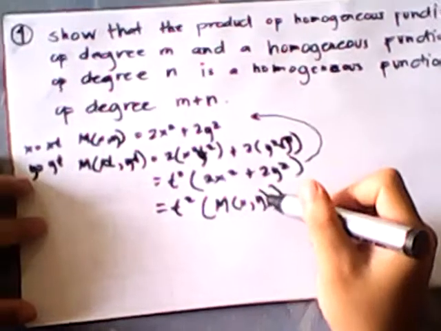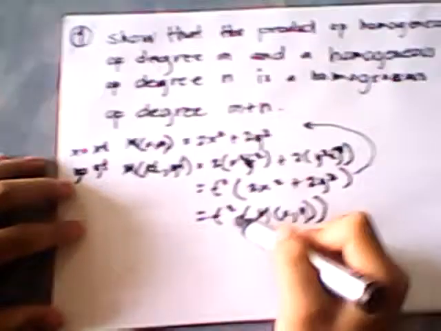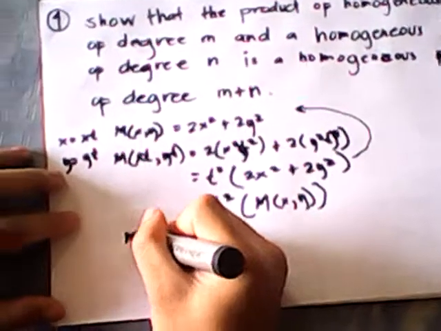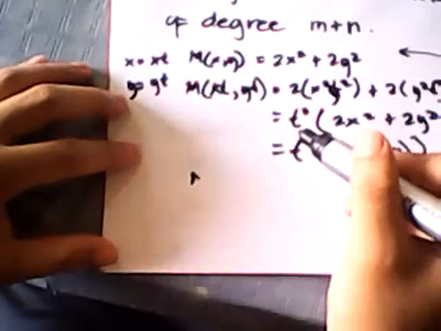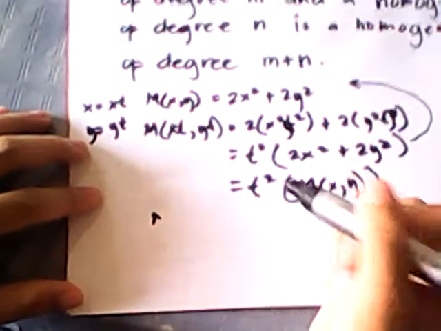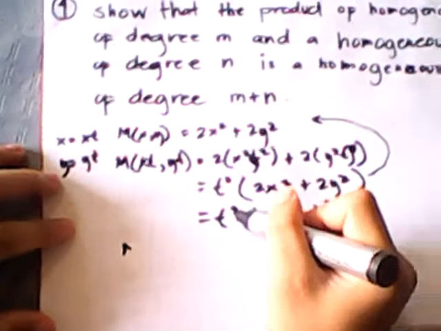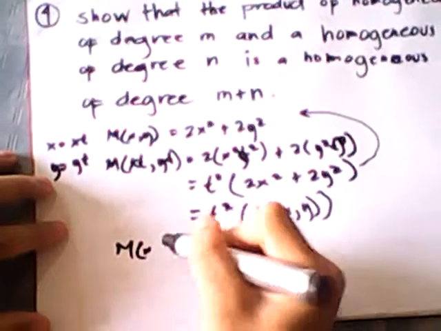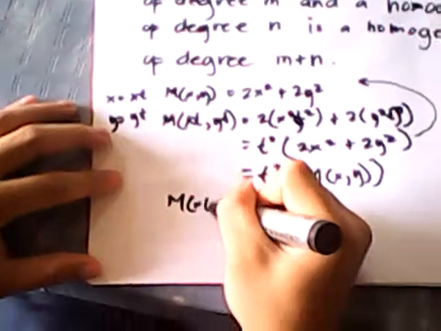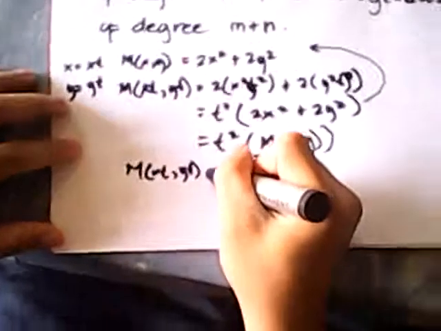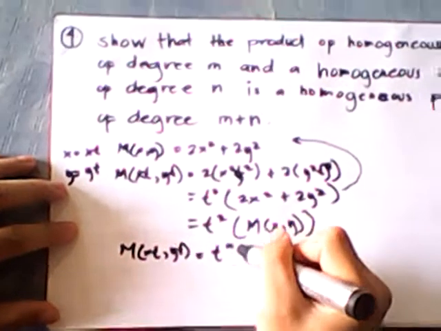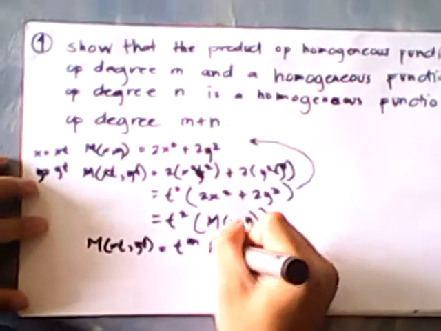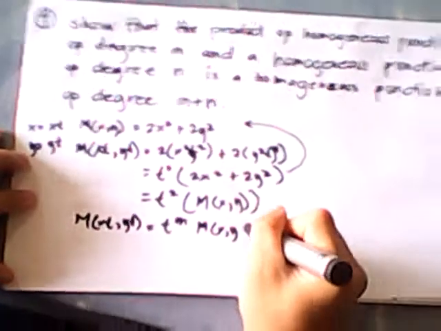We can say that the degree of this is 2, so you can assume that m of tx, ty is equal to t squared times the function of x, y.